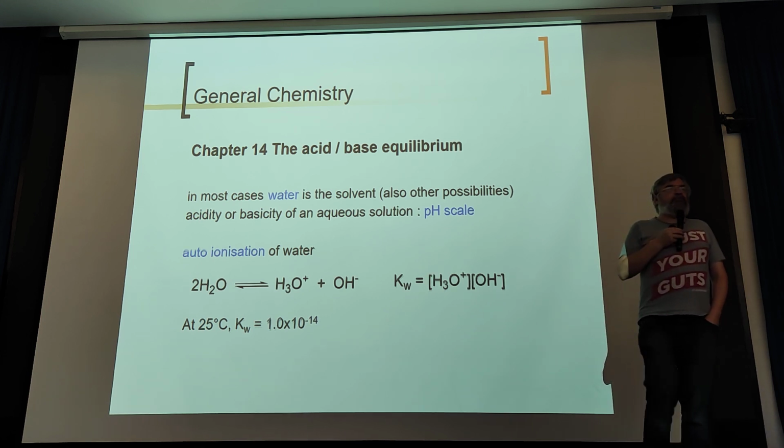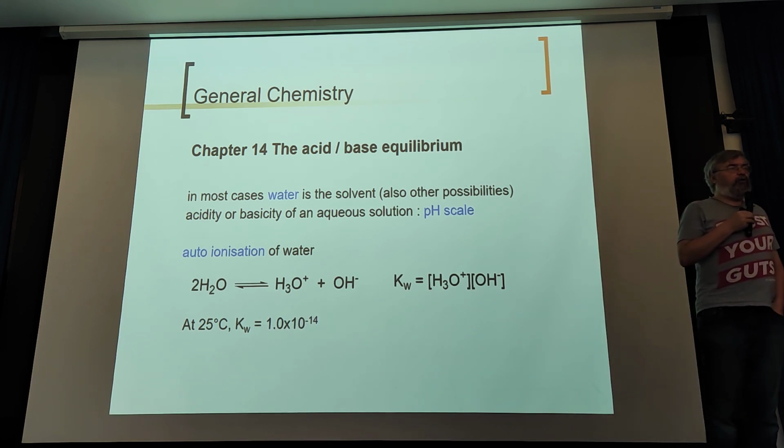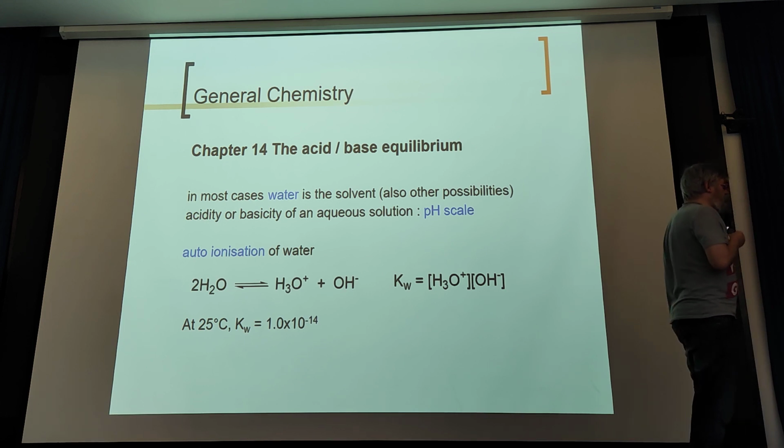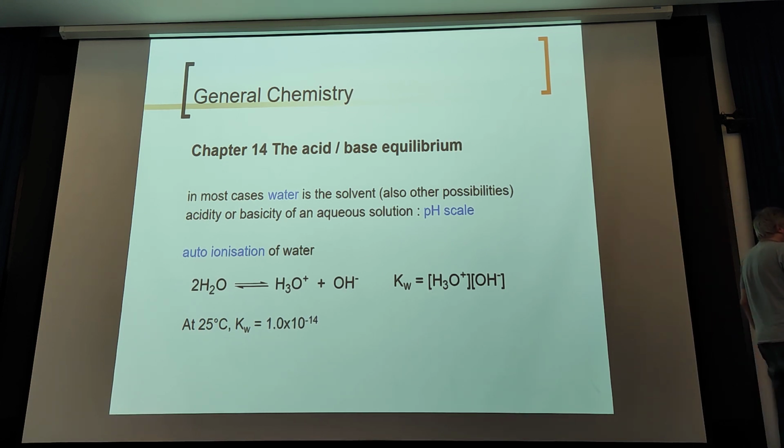So if you have just pure water, there are already protons or hydroxide present, because water itself is a weak acid. And what we have is so-called auto-ionization. This itself is an equilibrium reaction, but the equilibrium is very much to the starting material, namely the water itself.